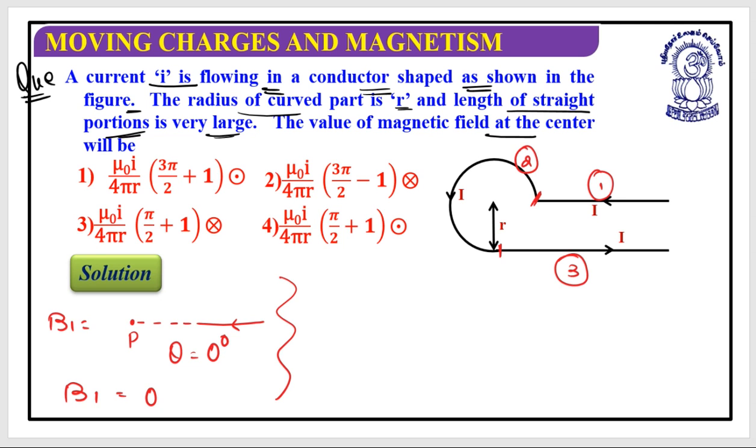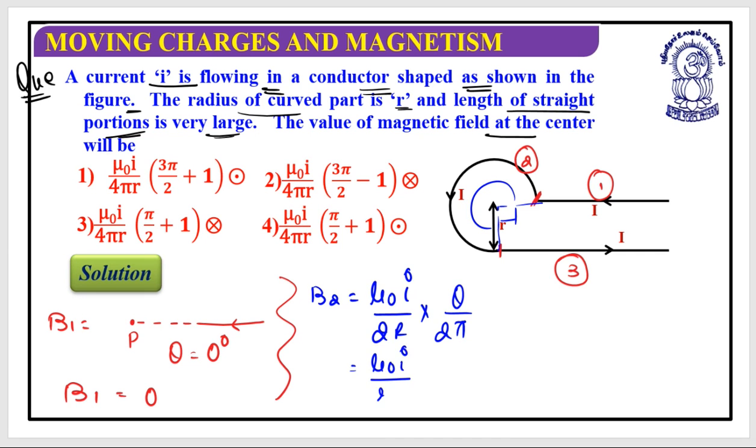Now let's work for B2. This is a circular loop. It's mu naught I by 2R multiplied by theta by 2 pi. Theta is 270 degrees. This is a quarter which is 90, so the remaining is 270. So it's mu naught I by 2R multiplied by 3 pi by 2 multiplied by 1 by 2 pi.